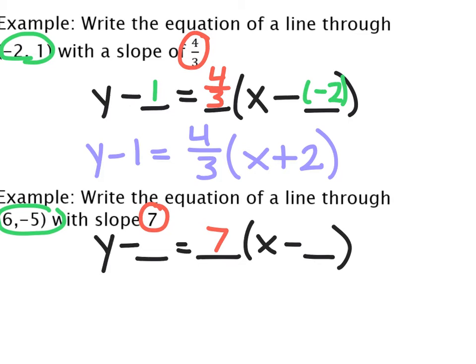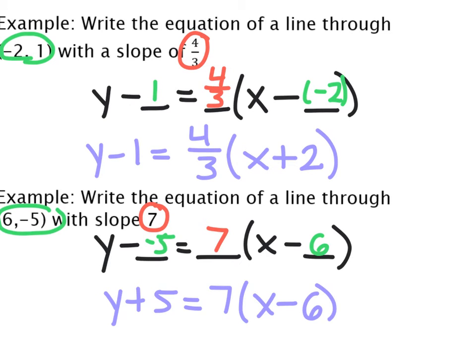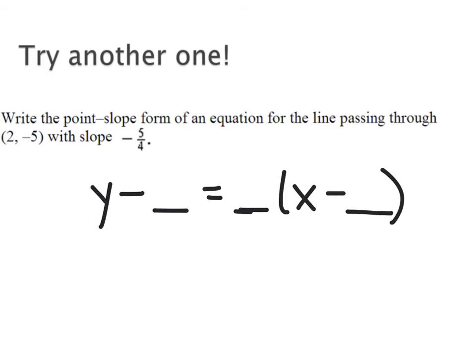So I can fill in the negative 5 with the y and the 6 with the x. And if I simplify this, y minus negative 5 is really y plus 5 equals 7 times x minus 6. Pause the video and try the next one on your own.